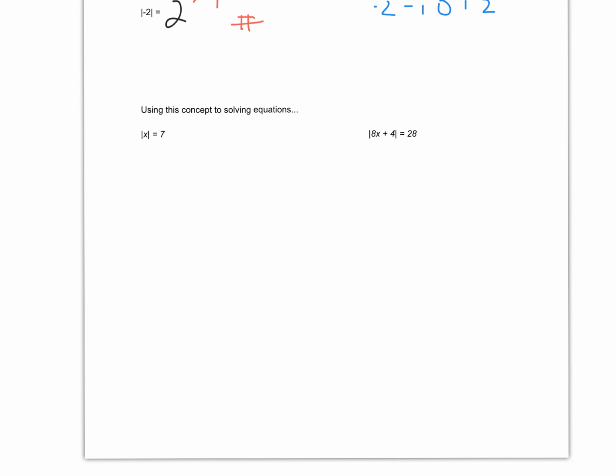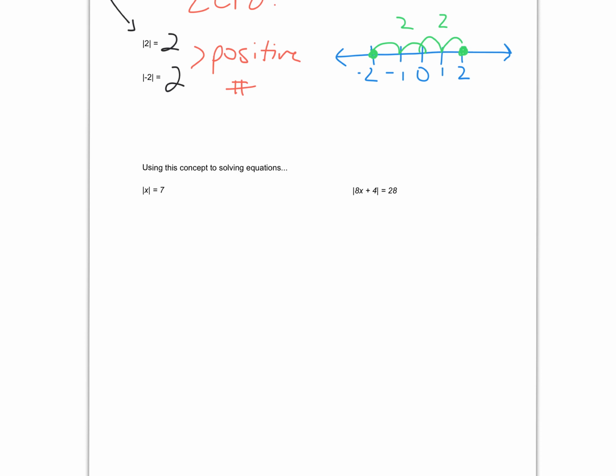Solving this first absolute value equation, we have the absolute value of x equals 7. Well, we need a number that works for x that gives us 7. If you noticed up above, in the previous example, there were 2 numbers that gave us the absolute value and spit out 2.